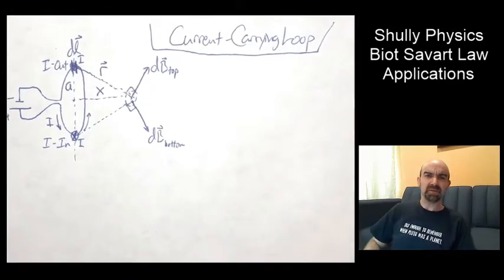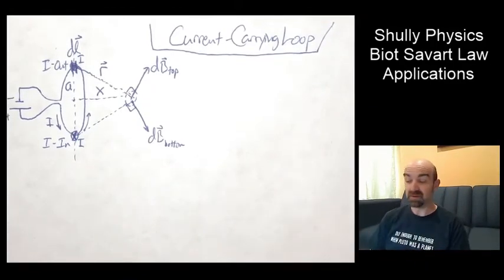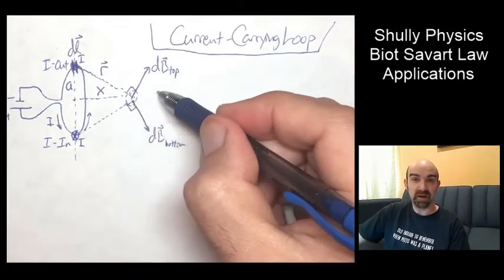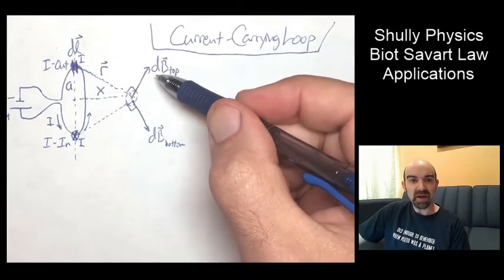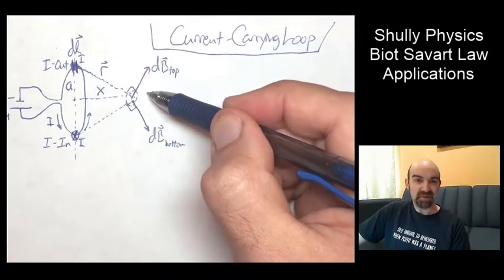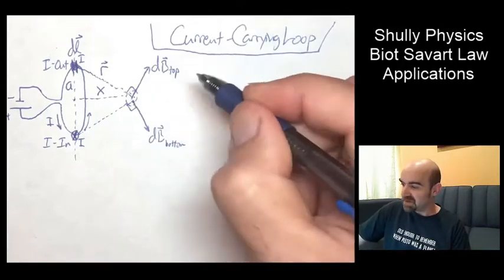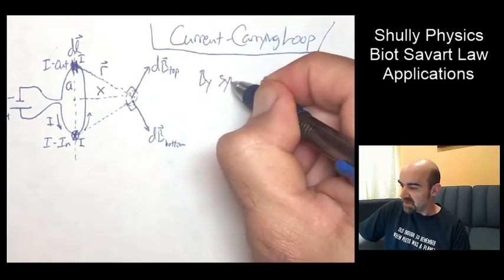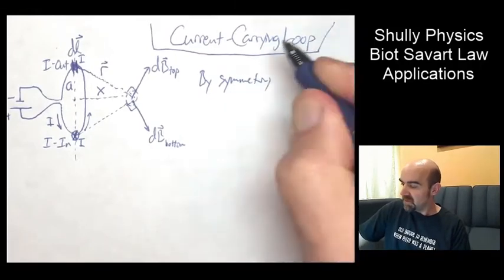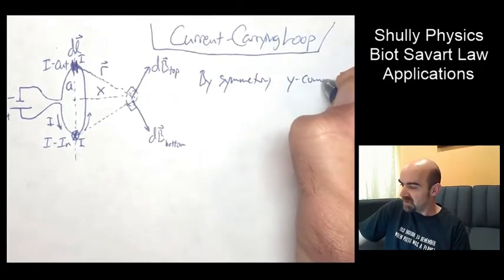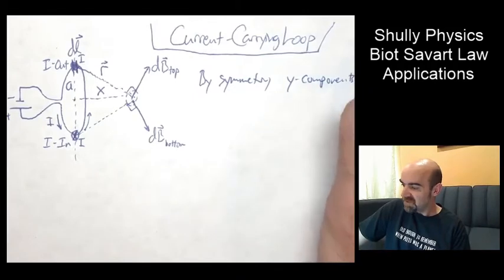Now, what do you notice about those two directions? They both have components to the right, but they would also both have equal but opposite components in the y direction. So by symmetry, the y components cancel.